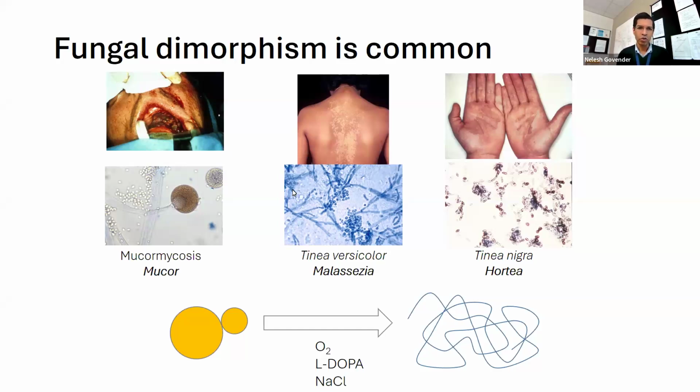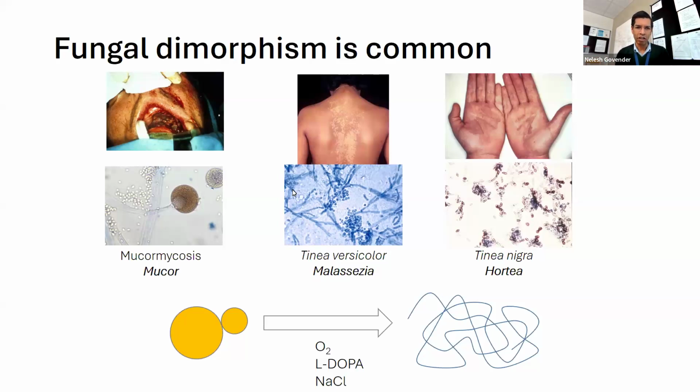Malassezia furfur, which causes tinea versicolor, or pityriasis versicolor, is also typically a mold, but in the spaghetti and meatballs appearance that you see on skin scrapings, shown on the slide here, you get a morphological transition in the presence of L-dopa.